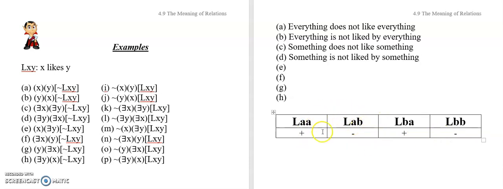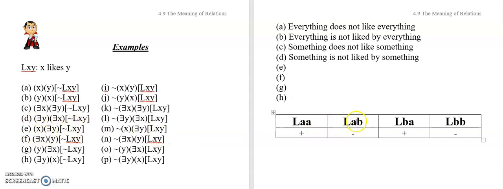So that works out nicely there. Let's go ahead and try E. Everything is such that there's at least one thing that it does not like. Okay, so everything, that would be anything in our domain A or B. Both A and B are such that there's one thing in the domain they don't like.